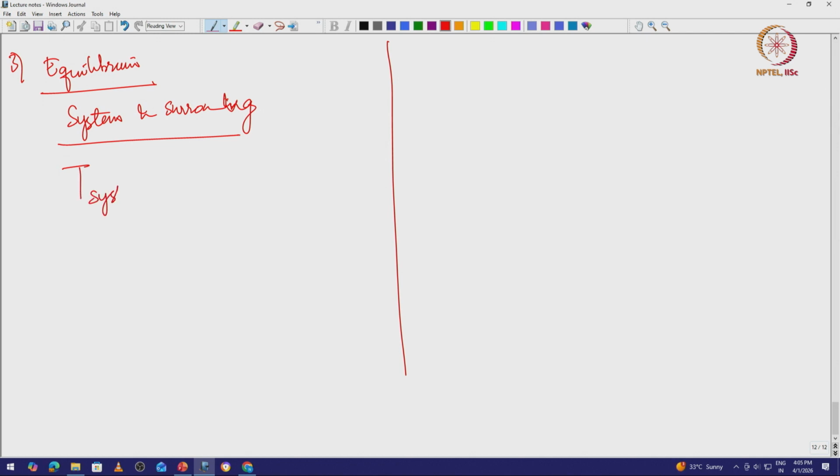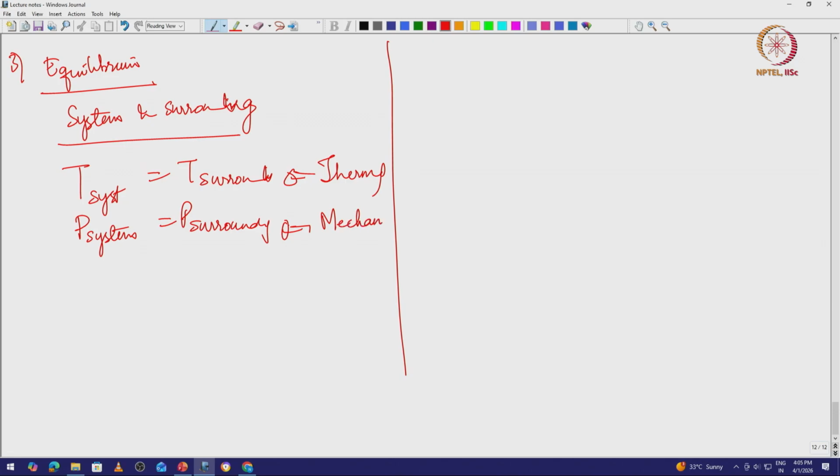Thermal equilibrium means T system should be equal to T surroundings. Mechanical equilibrium means P system should be equal to P surroundings. Then chemical equilibrium, and this is the most important thing that we have to look at in this course. So this is thermal, this is mechanical, and this is chemical.